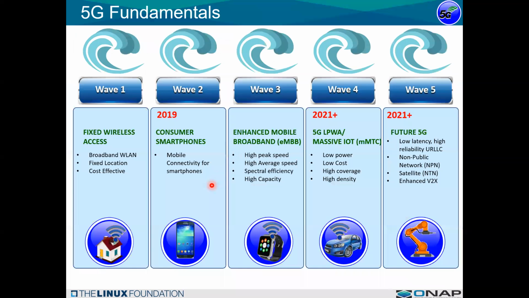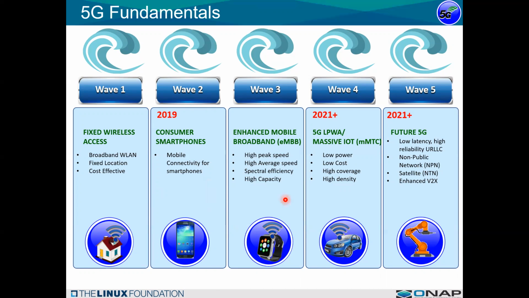Okay, so 5G is rolled out. I'll talk a little bit about the fundamentals here. 5G has rolled out in 5 phases. The first, fixed wireless access, and then last year with some smartphones and mostly focused on enterprise rollout.